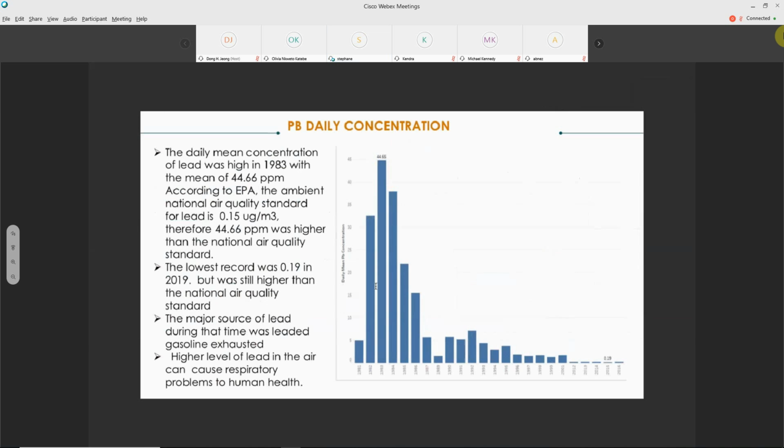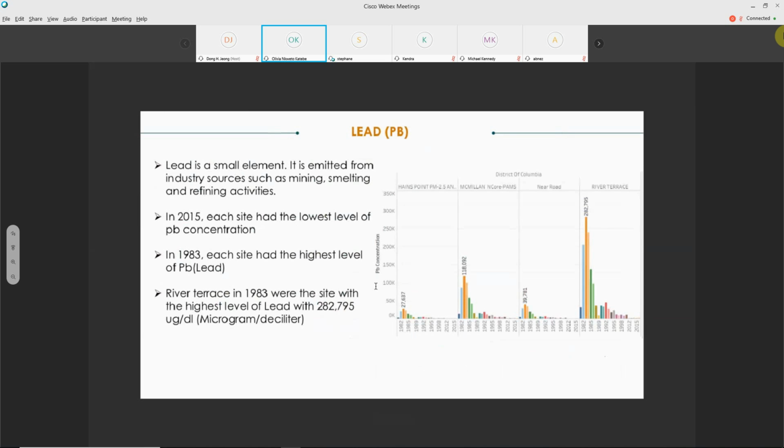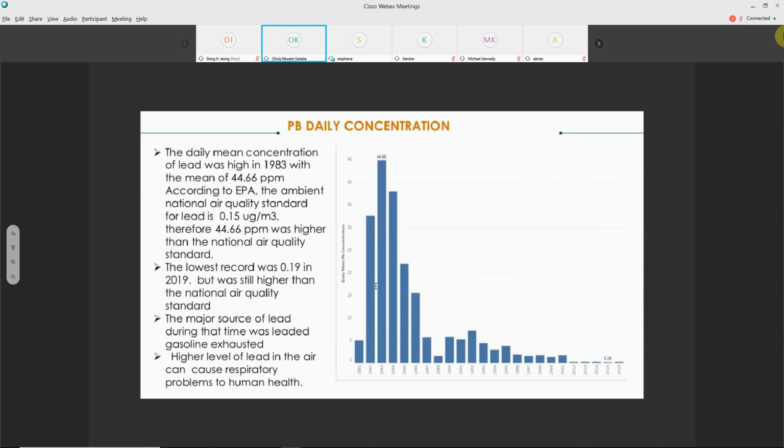So the graph that Stephane just talked about was showing the sum of lead, which was collected on a daily basis. And now the second graph that we're looking at, we decided to measure the mean of lead concentration. Can you go to the next slide, Stephane, please? Okay. So in this graph, we decided to calculate the mean of lead.